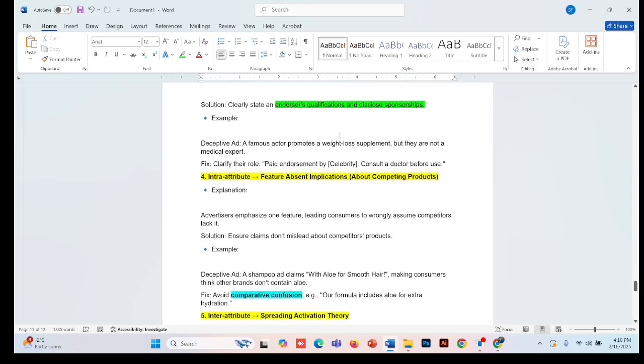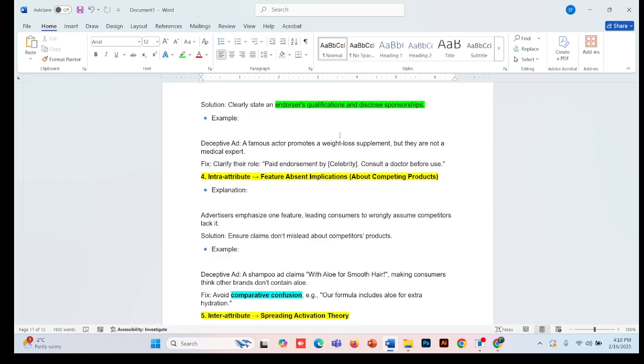The fourth one is inter-attribute. So here it is about competing products. Advertisers tout one feature that leads consumers to assume competitors do not have this feature. Like a shampoo ad claims aloe for smooth hair, but every other company is using aloe. There's nothing different.